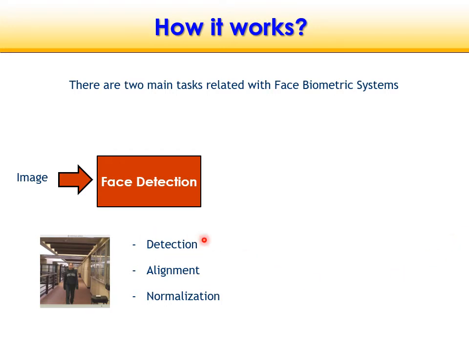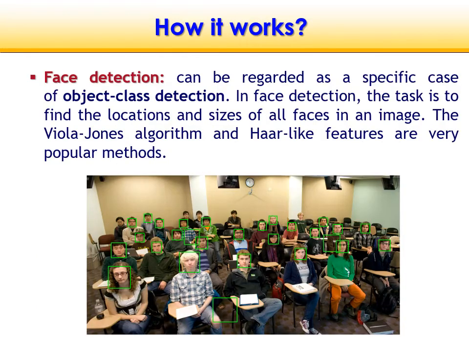And then after we detect the face, we have to align and normalize it in order to have the face in an image patch that we have controlled in terms of position, location, orientation, and so on. So that's the first problem, face detection.